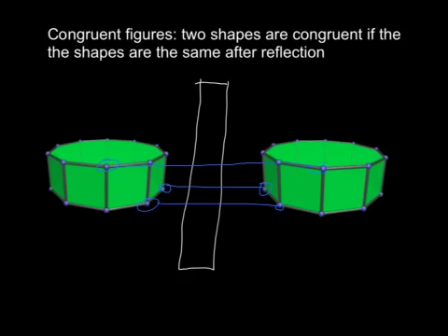The segments drawn here would be perpendicular bisectors of the plane. So this is perpendicular, and the midpoints of each one, roughly drawn, will be on the plane, making these distances equal. Therefore, the two shapes are congruent.